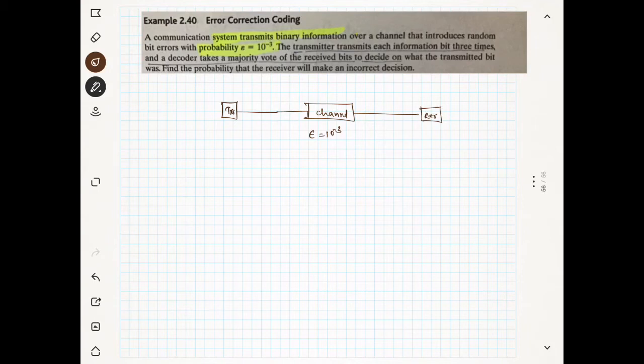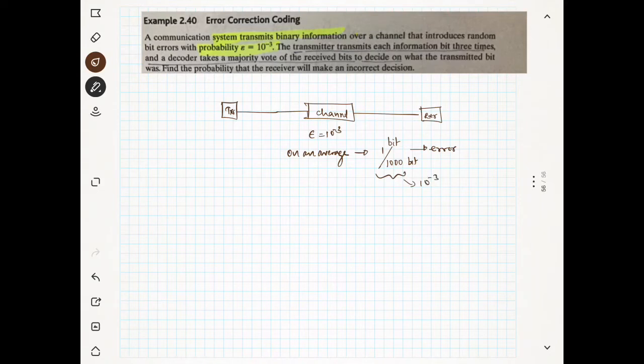Then what is the meaning of this? On average, 1 bit out of 1000 bits may be in error. That is the meaning.